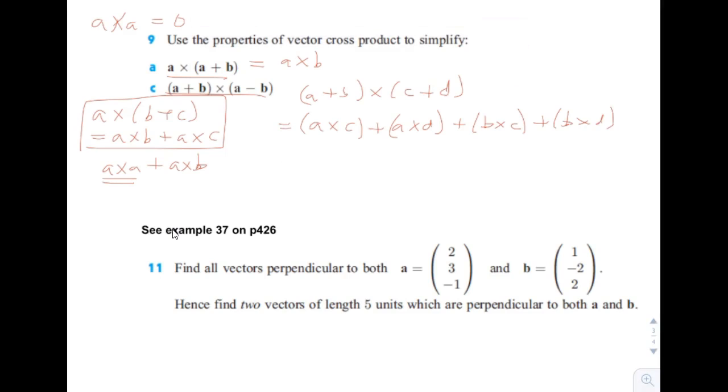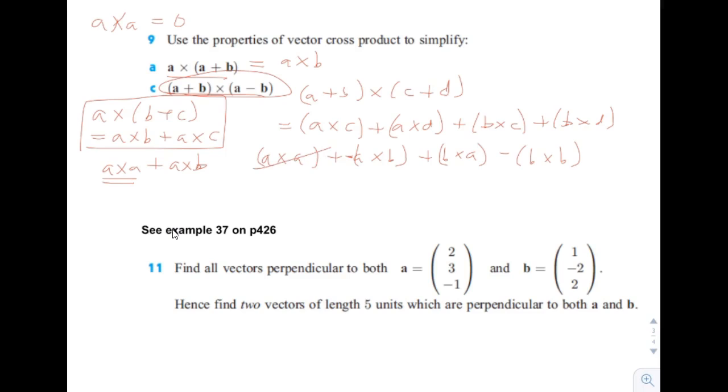And so if that's the case, we're going to expand it in a similar way, and we're going to have A cross A plus, I can kind of see where this is going, A cross B negative, right, plus B cross A minus B cross B. Okay, so it turns out to look like this.